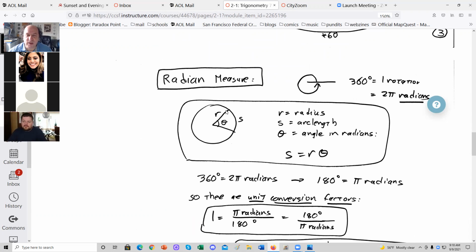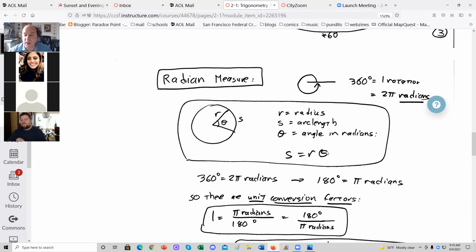If you take a circular slice out of a circle, it will have a radius r, and we'll call this angle theta, and this curved line here the arc length s. When you increase theta, s increases. When you increase r, s again increases. So we say let s be r times theta, where we measure the angle in degrees.